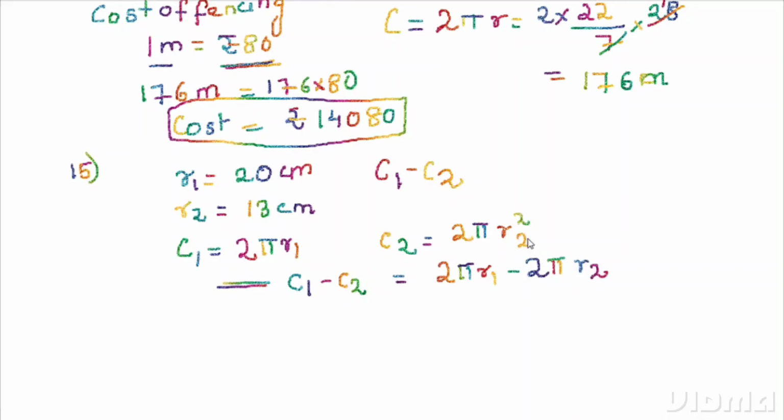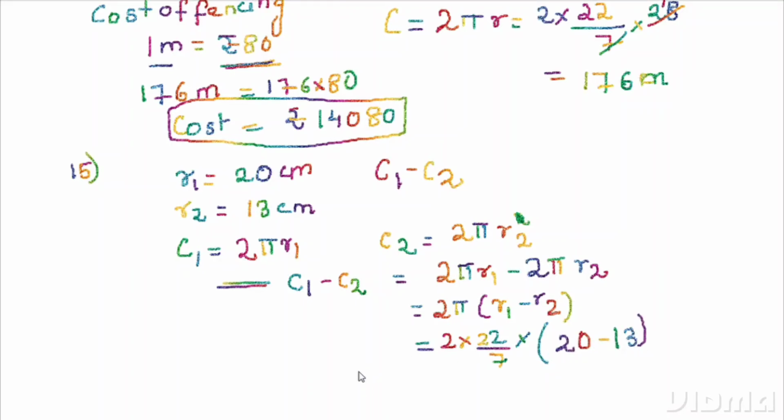Now I can take 2 pi common and this becomes R1 minus R2. So 2 into 22 by 7 multiplied by R1 minus R2, that is 20 minus 13, which is 7. This becomes 44 by 7 into 7. When I cancel this, I get that the difference between them is 44 centimeter.